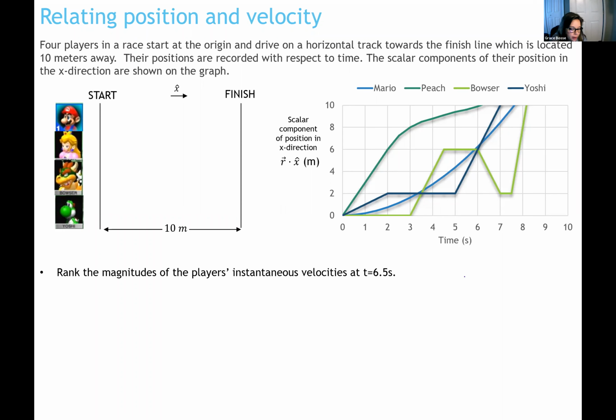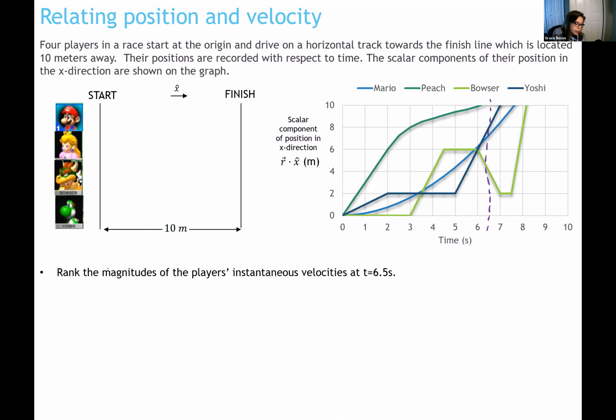So we're going to identify on the graph, we're going to go to 6.5 seconds, something like that. And now let's investigate the slope of each of these graphs at that point in time. The slope is going to tell us about the instantaneous velocity. So who has the steepest slope? Whoever has the steepest slope is going to have the biggest instantaneous velocity.